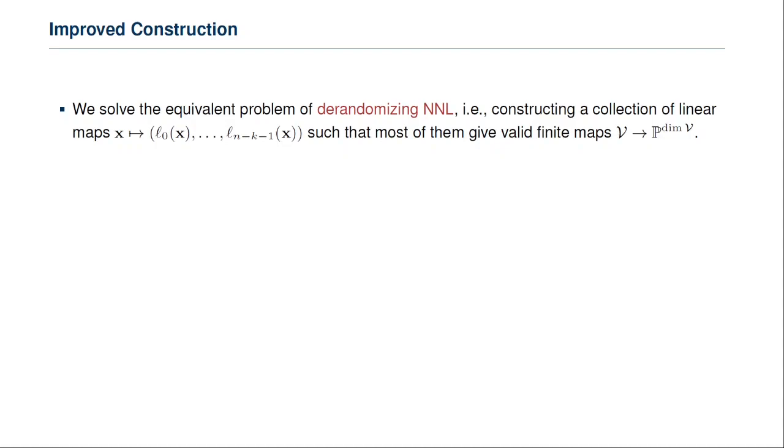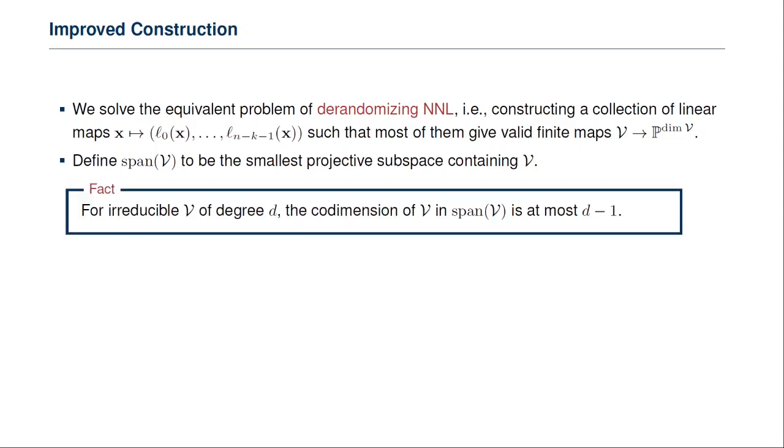It's about constructing a collection of linear maps such that most of these linear maps give valid finite maps from the variety V to a projective space. In the following, let's define the span of V to be the smallest projective subspace containing V. Then it's a fact in algebraic geometry that if V is an irreducible variety of degree D, then the codimension of V in the span of V is at most D-1. And this fact will be used in a moment.